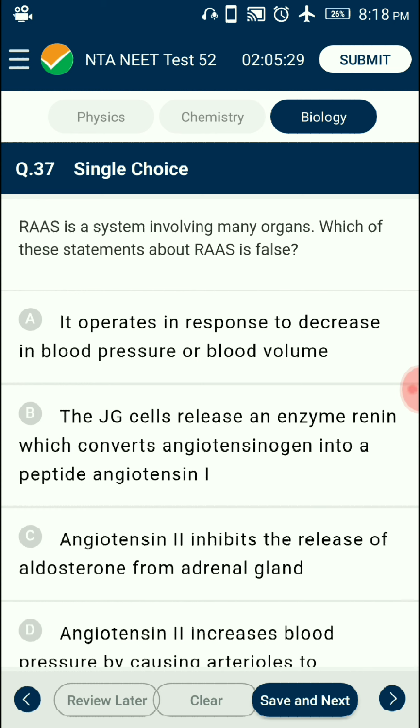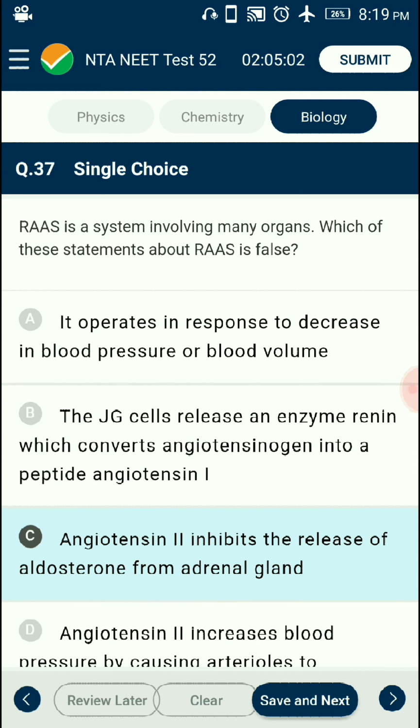Renin converts angiotensinogen into angiotensin 1. Angiotensin 1 is converted into angiotensin 2 by the enzyme ACE. Angiotensin 2 causes vascular constriction and stimulates the adrenal cortex to release aldosterone, which causes water and salt retention and thus increases the blood pressure. So the answer for this question is option C.